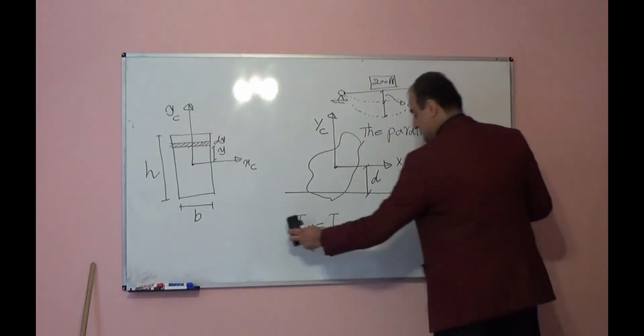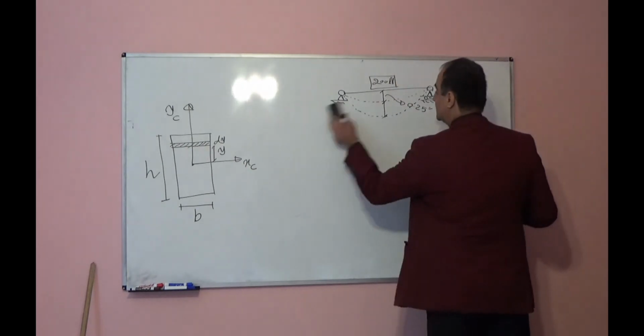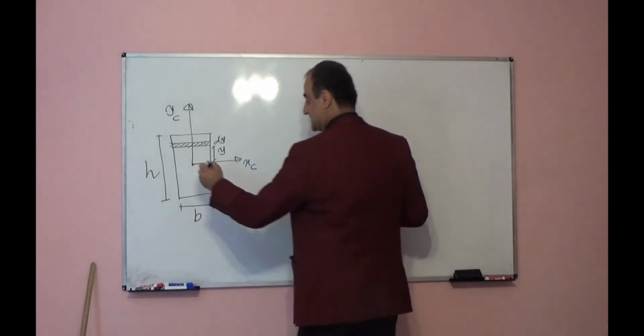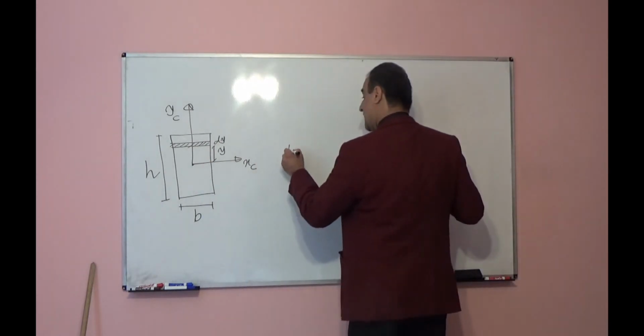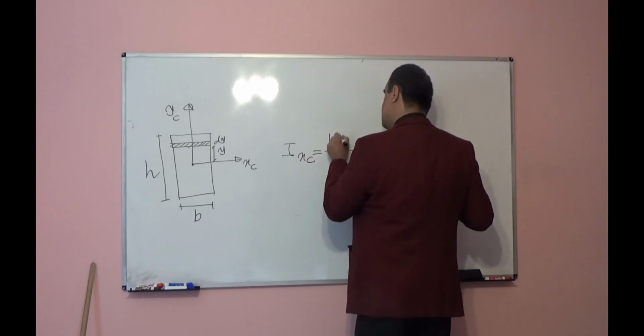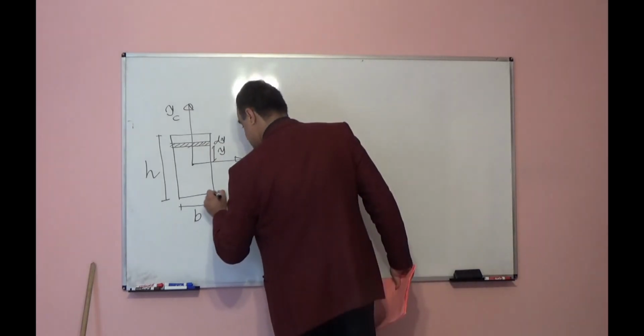Now let's take this rectangle. I integrated and found, with respect to the axis that passes through the centroid, Ixc, the answer was b h cubed over 12. How about this axis?